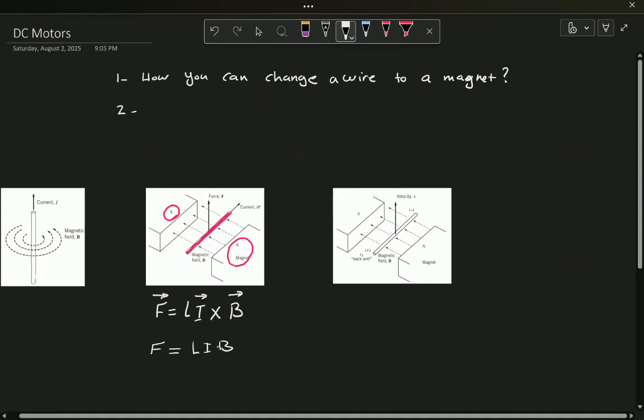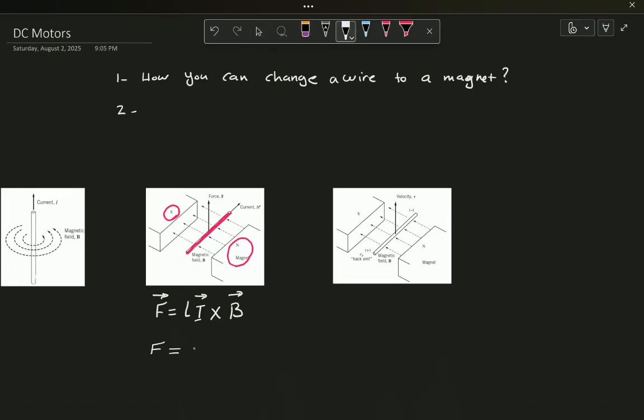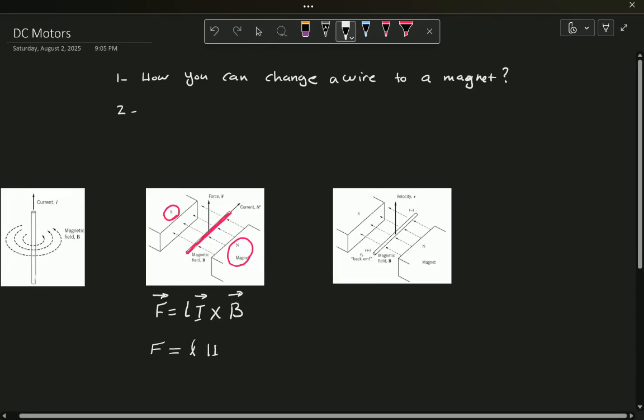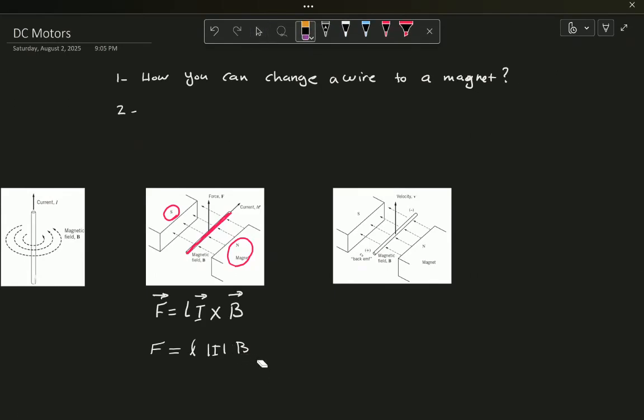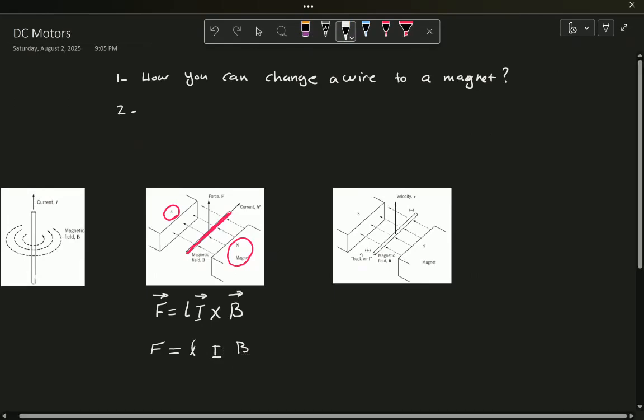So you just put the magnitude of these vectors: L, the magnitude of I, the magnitude of B. So just for notational simplicity, I'm going to drop the absolute values because I'm not showing them with vector. It means that I'm referring to their magnitude. Good? Okay.